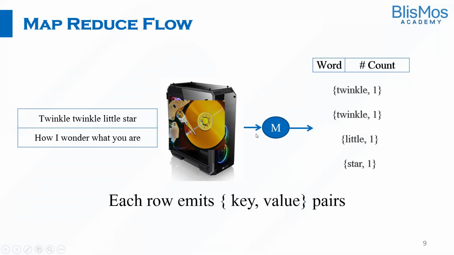The mapper is nothing but Java code, which identifies the data on which it has to work, processes it, and provides us key value pairs. In this case, the word is the key and the frequency of occurrence is the value. Twinkle 1, little 1, star 1 are represented as key value pairs.